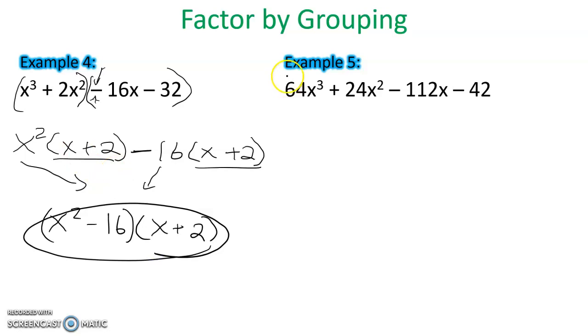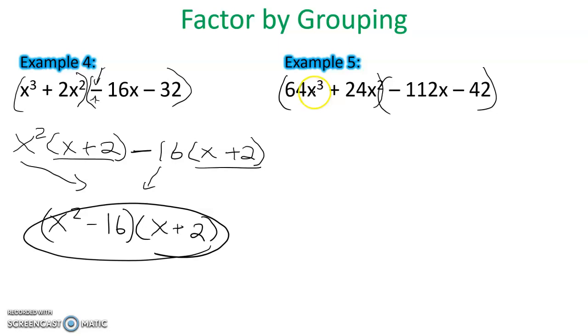Alrighty, so now on the last one here. So here we have, put 2 parentheses around, 64x cubed, 24x squared. So I'm dealing with some larger numbers here. And let's just think.